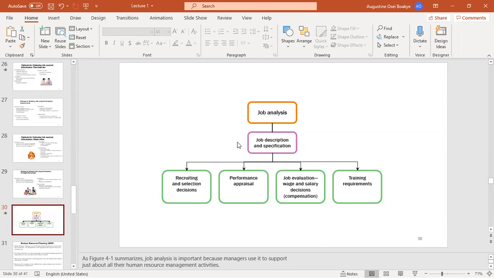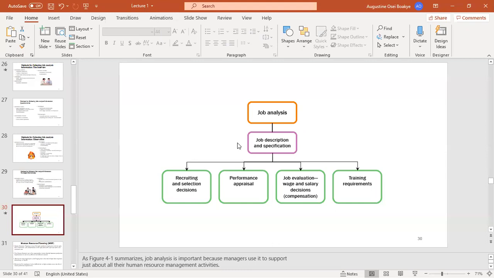And in this job description, they are basically detailing out the duties and responsibilities that come with a particular job. Conversely, with job specification, the job analyst is detailing out the educational background and the experiences one must possess before they will be successful on a given job.